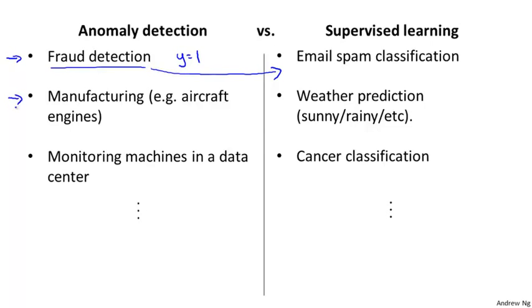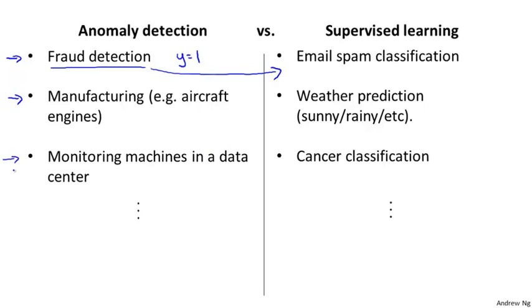Other examples, we talked about manufacturing already. Hopefully you've seen more normal examples and not that many anomalies. But for some manufacturing processes, if you're manufacturing very large volumes and you've seen a lot of bad examples, maybe manufacturing could shift to the supervised learning column as well. But if you haven't seen that many bad examples of your own products, then I'd use anomaly detection.